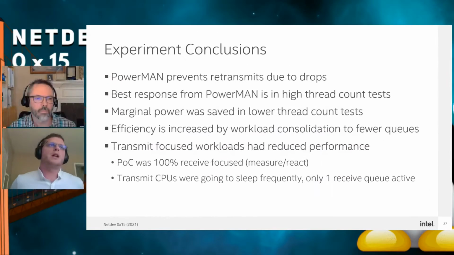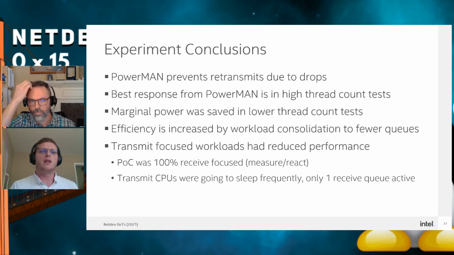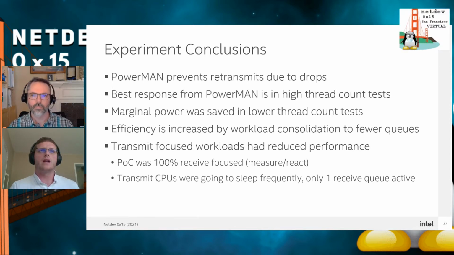And here are the experiment conclusions. We can safely say that PowerMAN prevented retransmits due to drops, and this helped us reduce the power usage, especially in the higher thread cases. One of the biggest negatives was that PowerMAN didn't think about transmit at all, so there was no logic in the bash script that paid any attention to transmit throughput or transmit packets, so our transmit-specific tests didn't show great results.